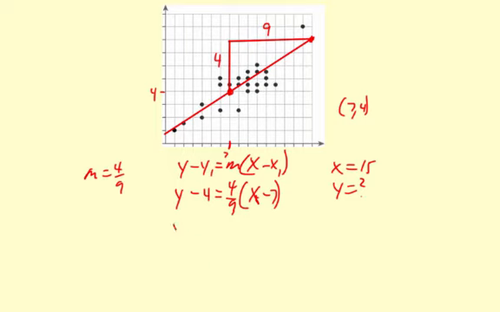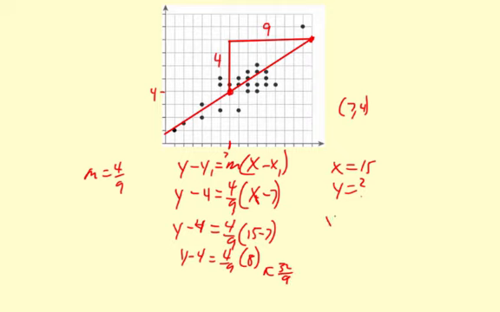Well, let's try that. y minus 4 equals 4/9 times 15 minus 7. So it's y minus 4 equals 4/9 times 8. So 4 times 8 is 32. That makes this side 32/9. So then it's y minus 4 equals 32/9. Add 4 to both sides.